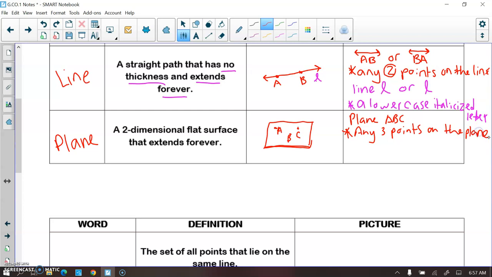But just like with a line, it does have another name. So this could also be called plane L. It can be labeled with a capital script letter.